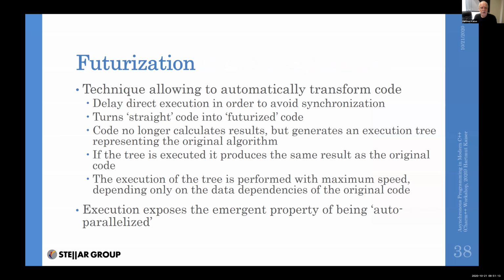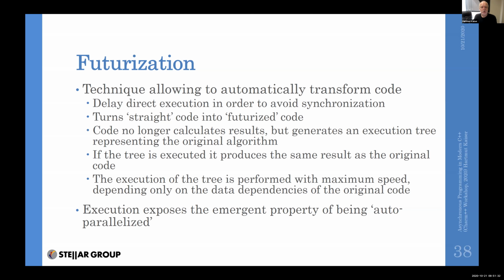It turns the straight code we had before into futurized code, which no longer calculates the results, but just generates an execution tree that represents the original algorithm. And if the tree is executed, it produces the same result as the original code was producing.